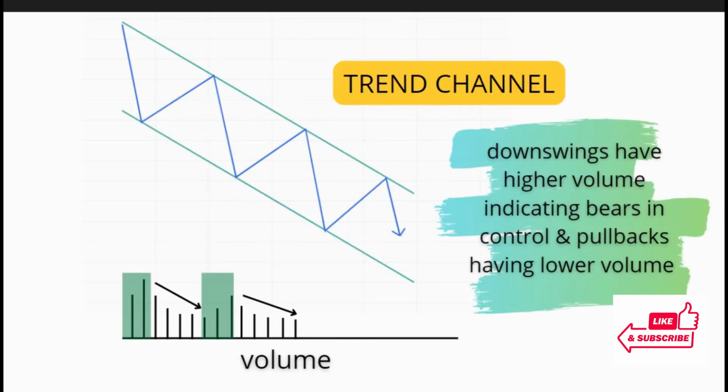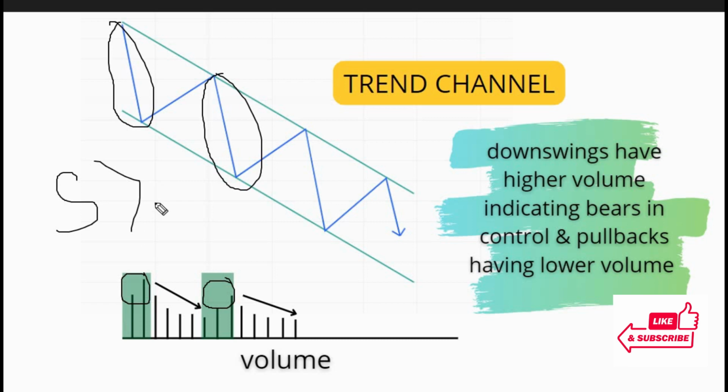Okay, this is an example of a downward sloping trend channel. See, the down legs have higher volume, so this is an indication that supply is in control over the demand side, and the buying legs have lower volume. So this is a harmony.